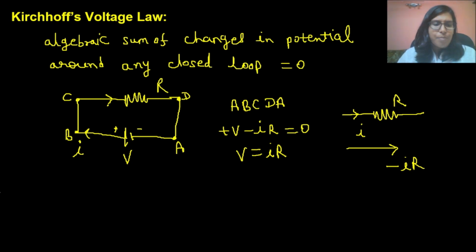Now suppose there are more than one resistor in a closed loop.